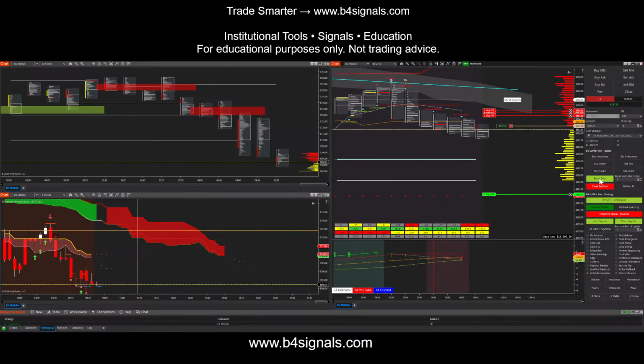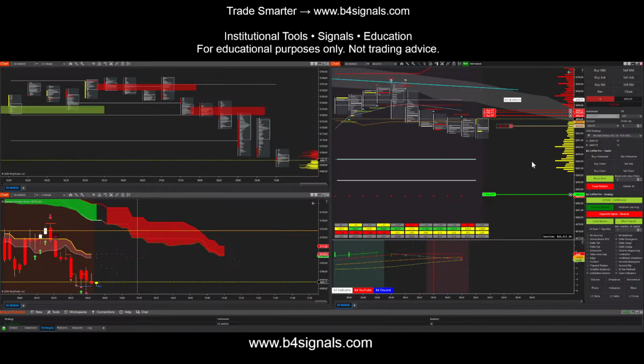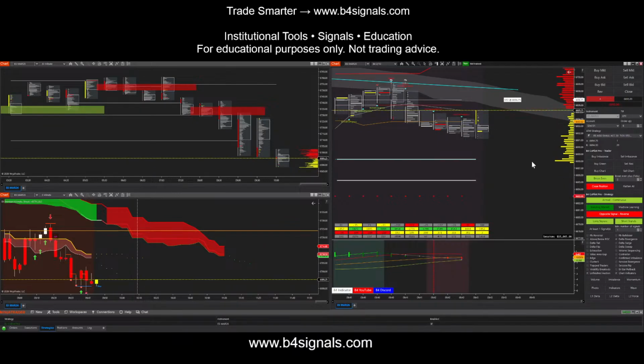Okay. Not quite enough room to get a break even in there. All right. Not a support right here. Stop filled. Stop filled.